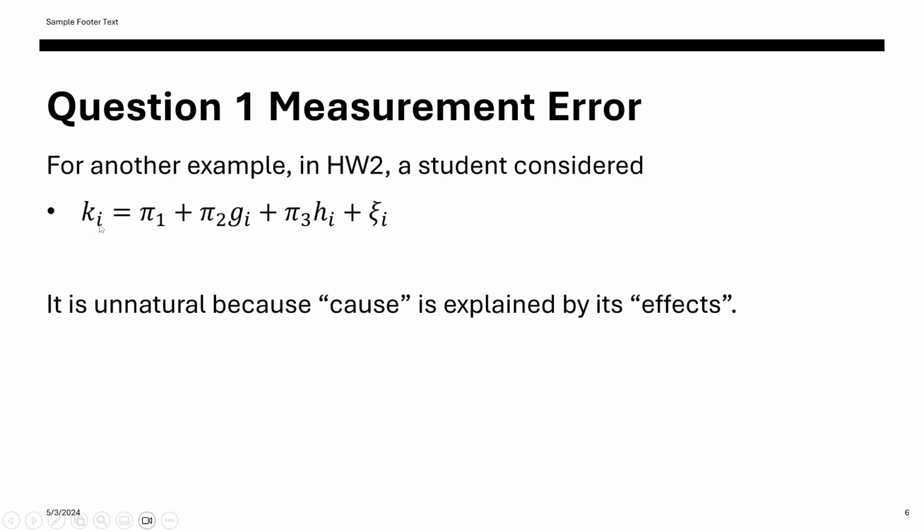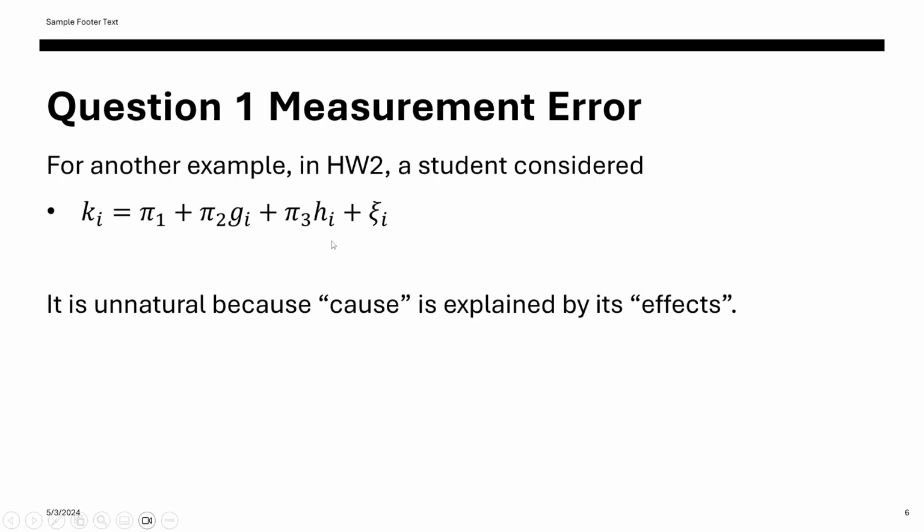capital is the underlying variable. Everything starts from the capital. After capital is generated, there is an additional measurement error that generates G. So capital realizes first, and then G and H realize later, after K realizes.